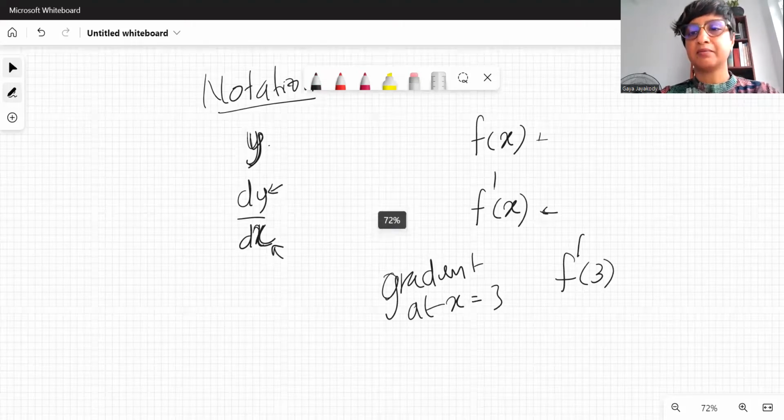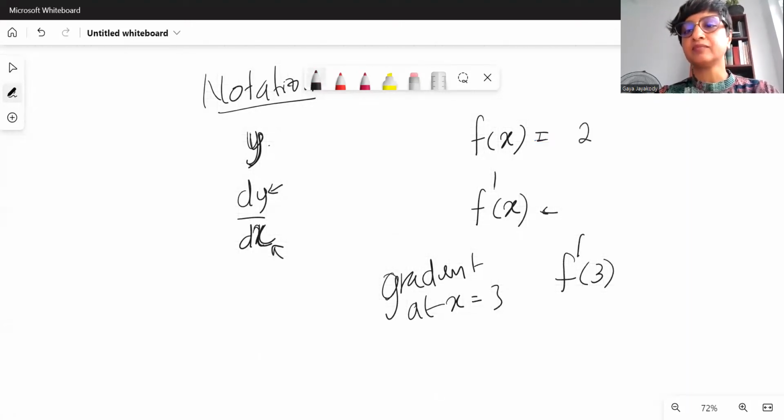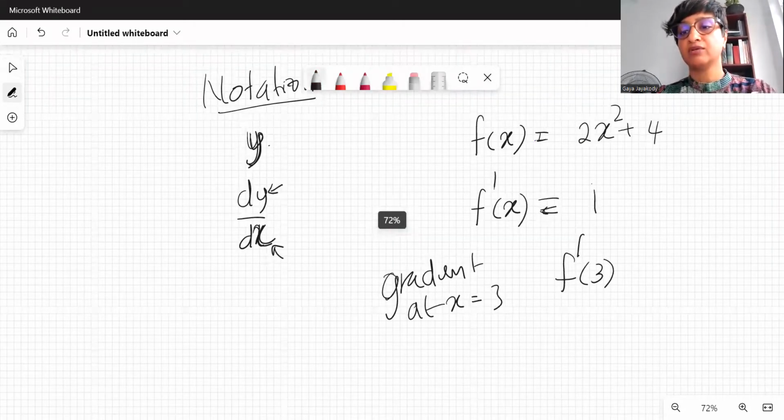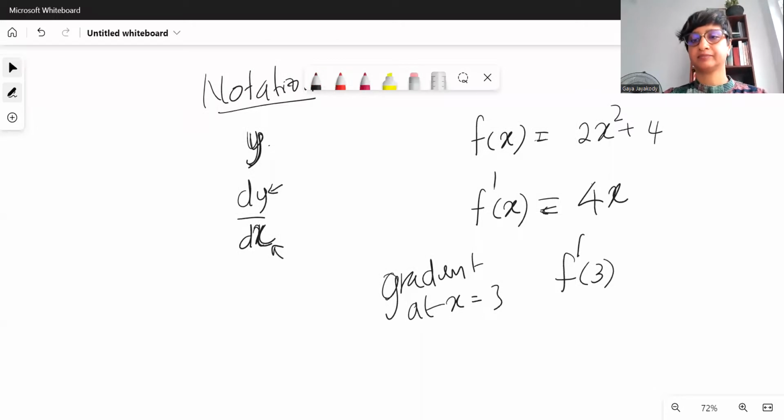If f of x is 2x squared plus 4, my f prime of x would be 4x. If I find f prime of 3, when x is 3, what is the gradient? It is 4 times 3, it's 12.